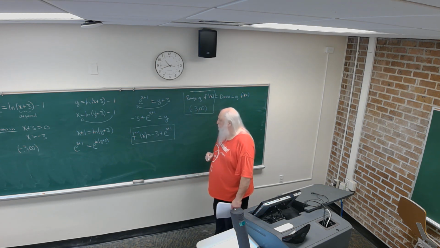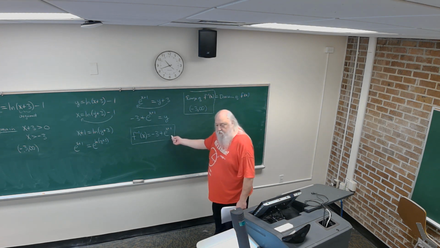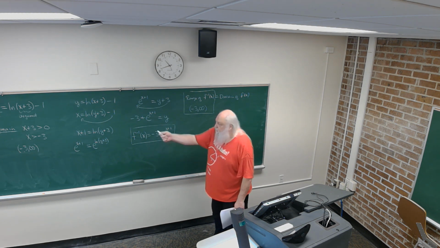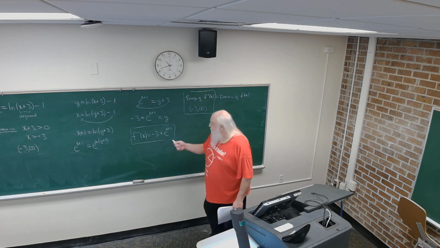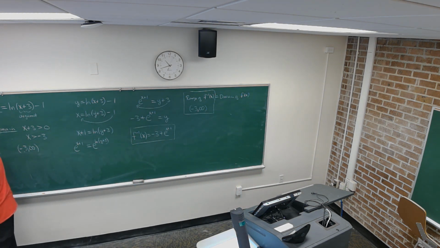Now, you could have also gotten the range by noting that the inverse function is a transformation on the graph of e to the x, right? When you replace x with x plus 1, it just shifts the graph to the left 1 unit, right?